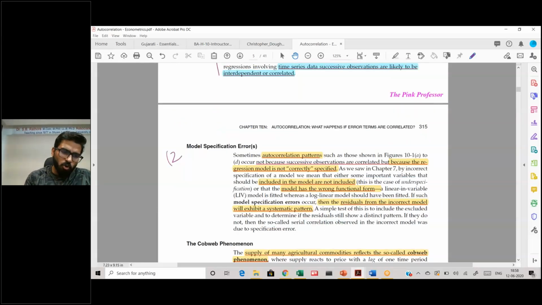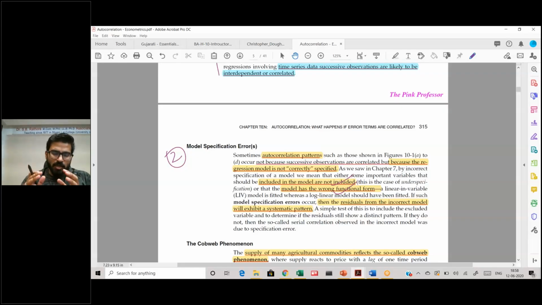Or autocorrelation can also be due to model misspecification. So if you have an incorrect model specified, where you have not included a particular variable which should have been included, or you have used a wrong functional form, in those cases the residuals of the incorrect model can perhaps have a systematic pattern.